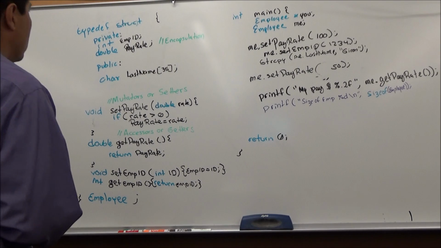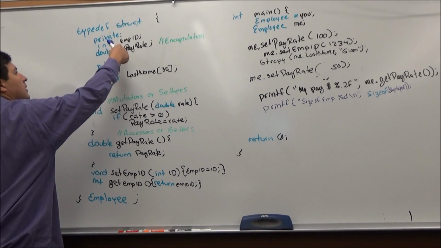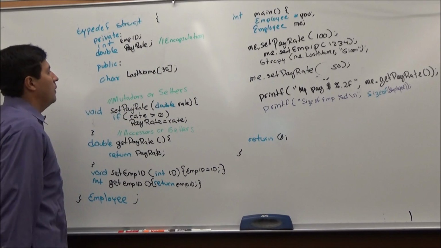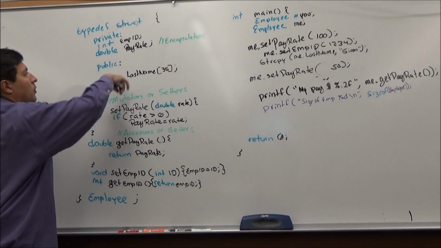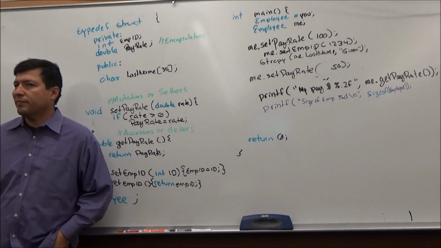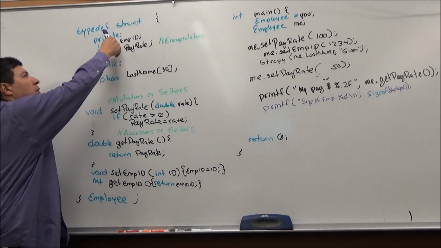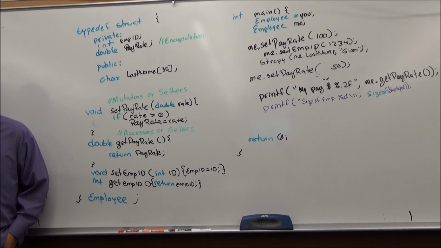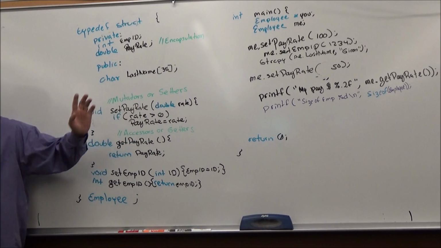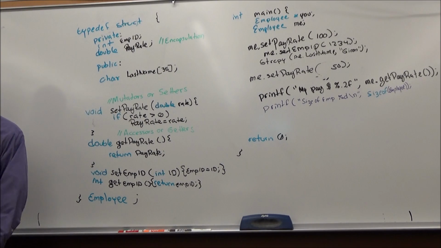I don't know what size that is. I assume it'll be 4, this is 8, so it'll be 35 plus 4 is 39 plus 8 is 47. So I might say 47 bytes. That's how big an employee is in memory if you print that. And the more things you add, the bigger it gets. It's irrelevant, the size.